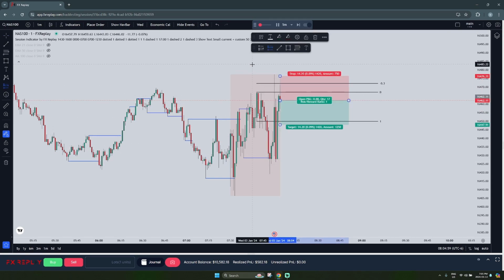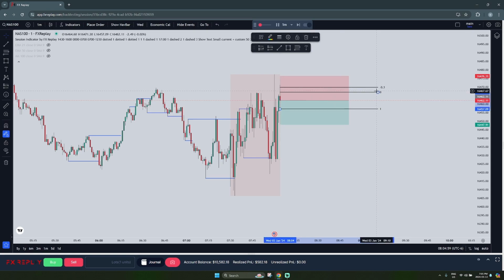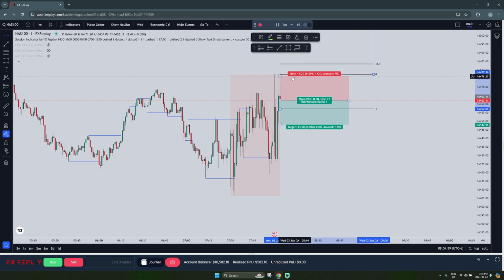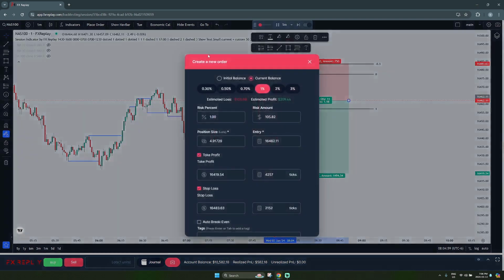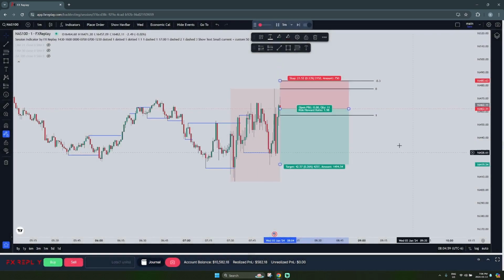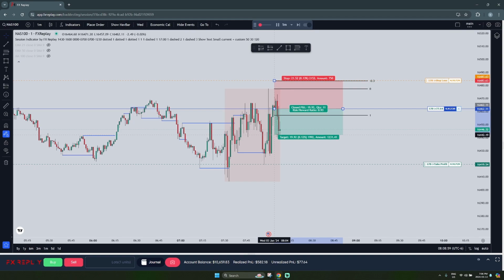So I take this color change and that wick through. So what I do in this scenario is I take the wick to the high like this. Structural point is enough, so that's how I place my sell market. Let's see what happens. Break even at 1.5.